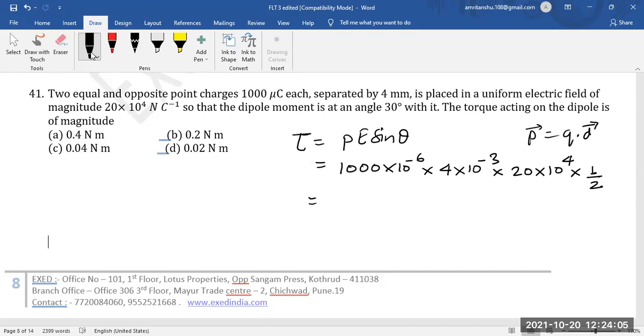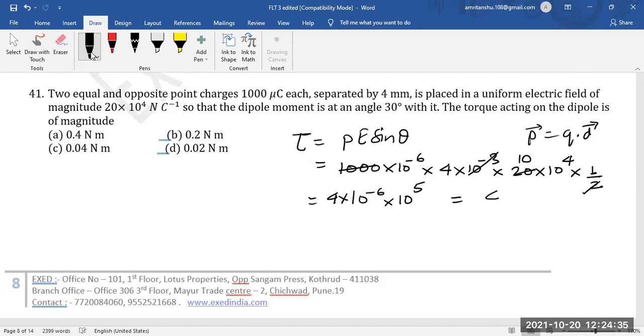When you solve this expression, 1000 goes with this, 2 goes with this, and we are left with 10 raised to minus 6 and 10 raised to 5.